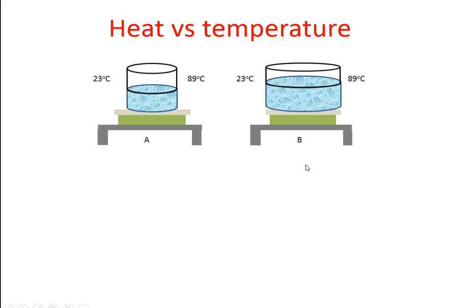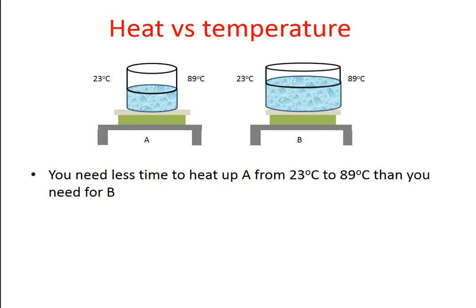If heat and temperature were the same, we would need the same amount of heat to change from 23 to 89 in both cases. But since these two are different, we need different amounts of heat in these two cases to change by the same temperature change.